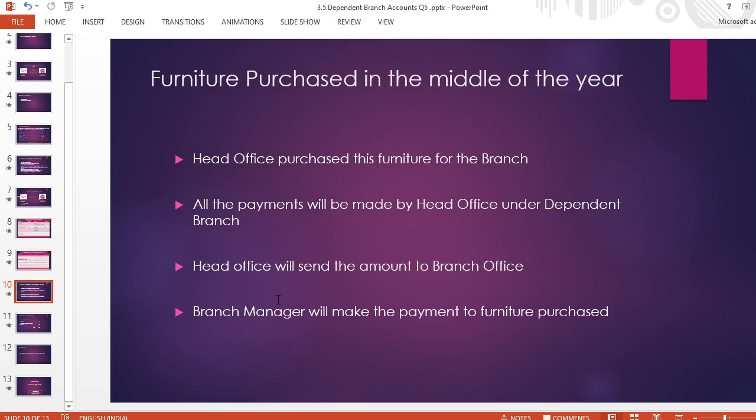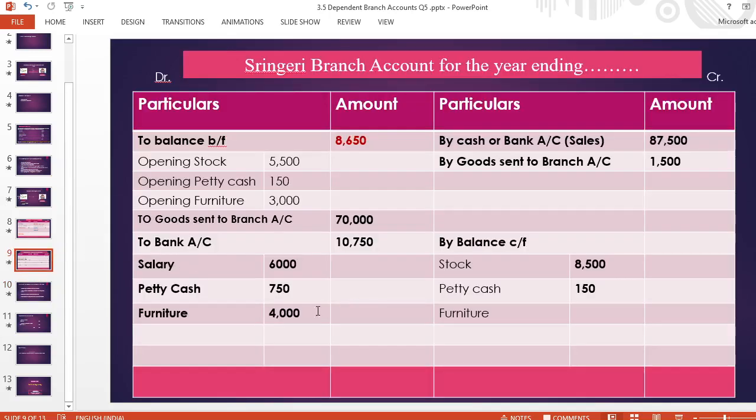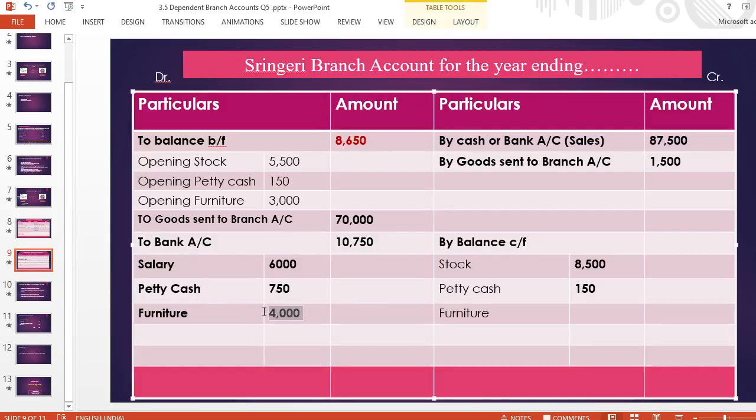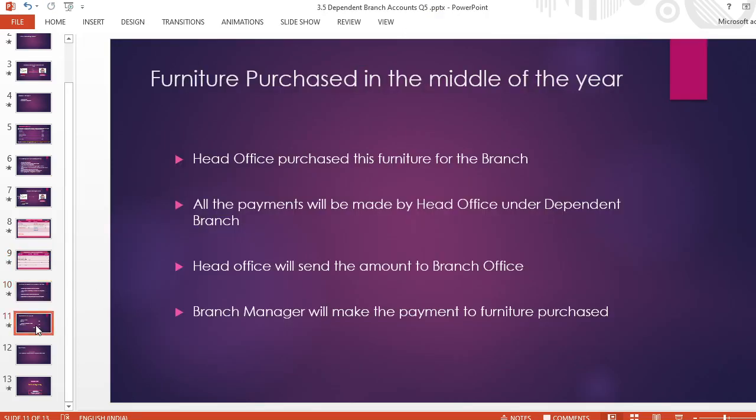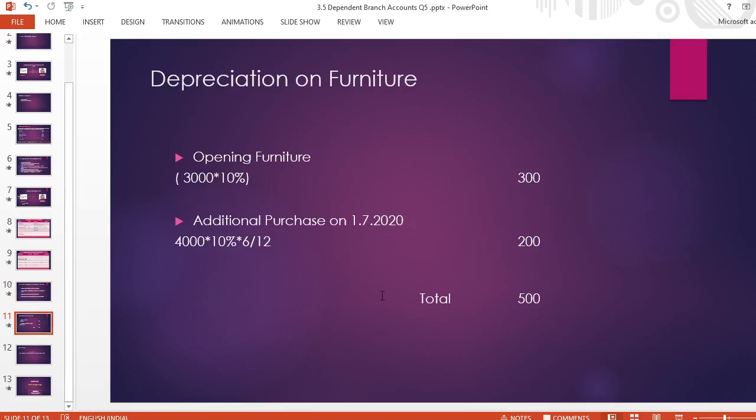So this expenses for furniture under a bank account, to bank account. Because even though the payment is made by the branch manager, it's sent by the head office. So we have included this furniture balance 4,000 rupees under this heading. So after that, we should consider the depreciation.